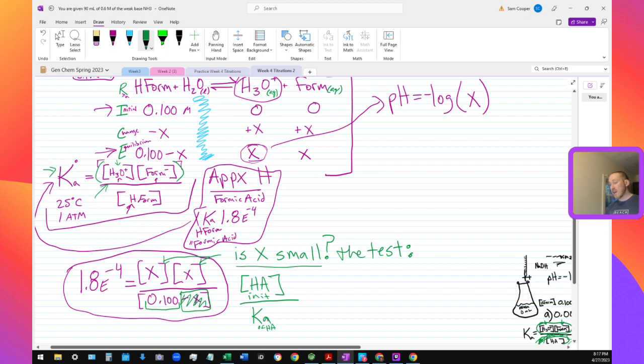So if the Ka is big, then the x is small test will probably fail, because the x is small test needs this ratio to be greater than 400. So if the Ka is big, then you get a lot of acid, and x is not small, and this is going to mean something.